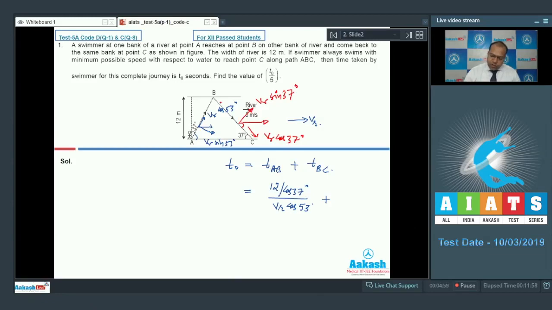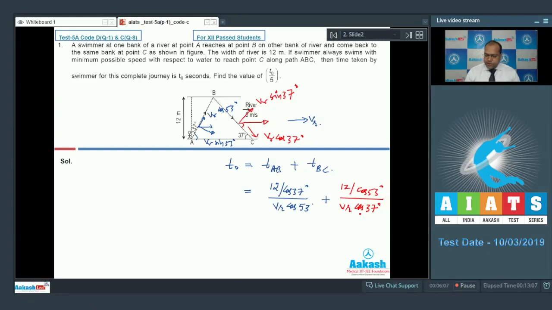The distance BC can be written as 12 divided by cos 53 degree, divided by the component of the resultant velocity of the swimmer along path BC, VR cos 37 degree, because the swimmer swims in such a way that it cancels the component of the velocity of the river perpendicular to BC.